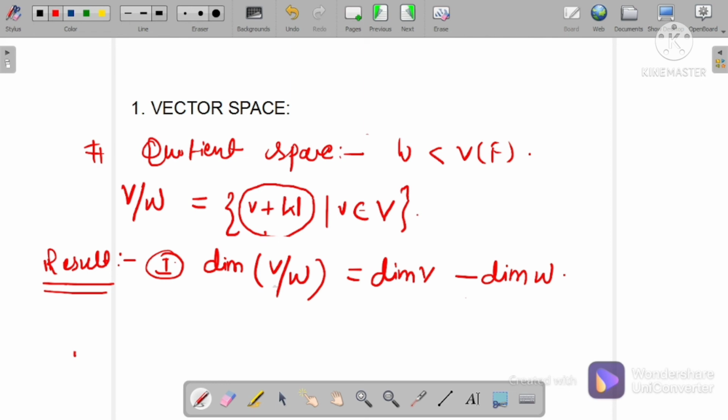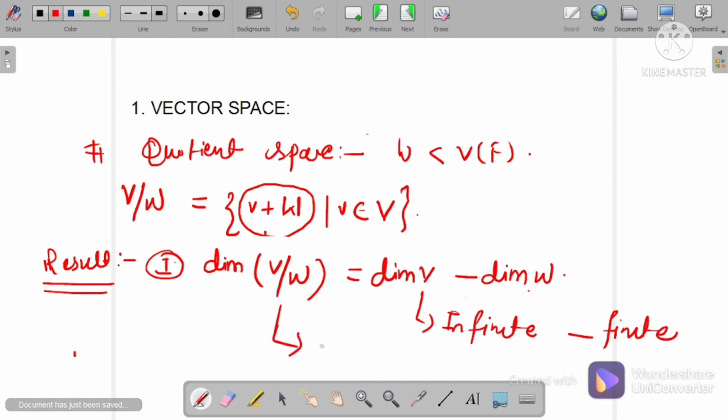If the dimension of vector space V is infinite and the dimension of W is finite, then in that case the dimension of the quotient space V modulo W is infinite.